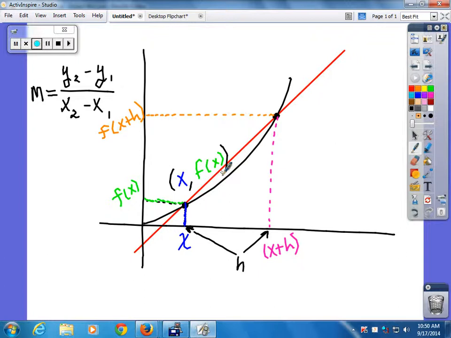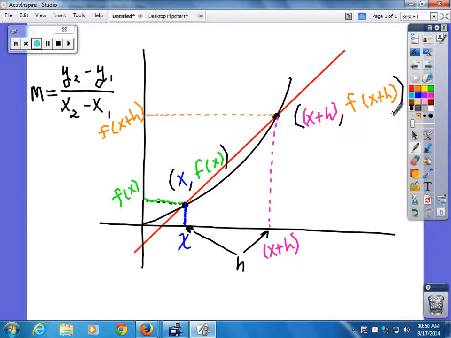And what's this one? X plus h, comma, f of x plus h. Alright, now I want y'all to plug and chug and give me the slope. You're not going to get an answer, you're going to get an equation.